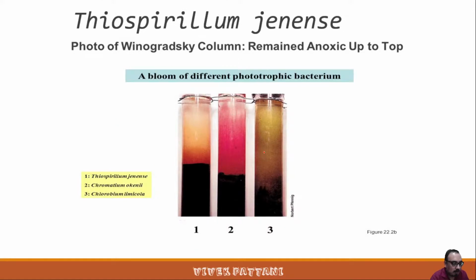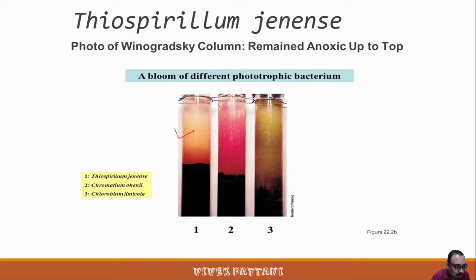Now as I told you in the earlier part of the lecture, these phototrophic bacteria have a variety of pigments, due to which they produce different colors. This is a photograph of three different blooms of phototrophic bacteria.